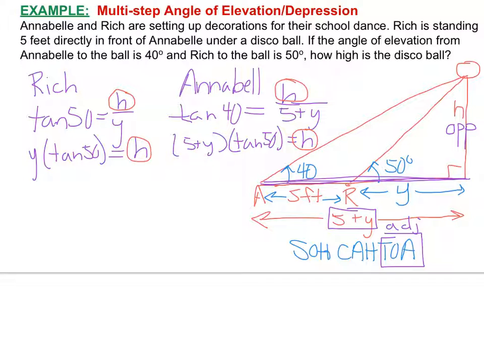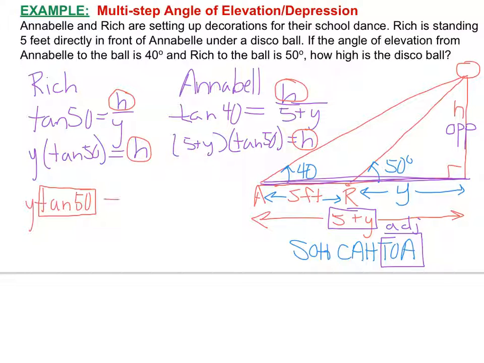So if we set these equal to each other, we have from Rich y times tangent of 50. And we have to remember that tangent of 50 can't be separated. 50 has to stay with tangent, and tangent has to stay with 50.